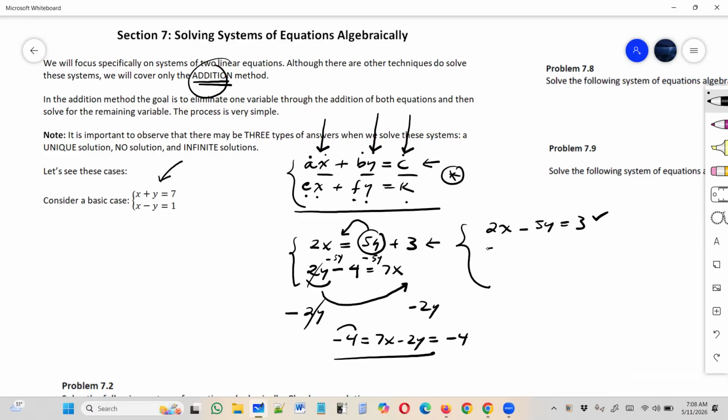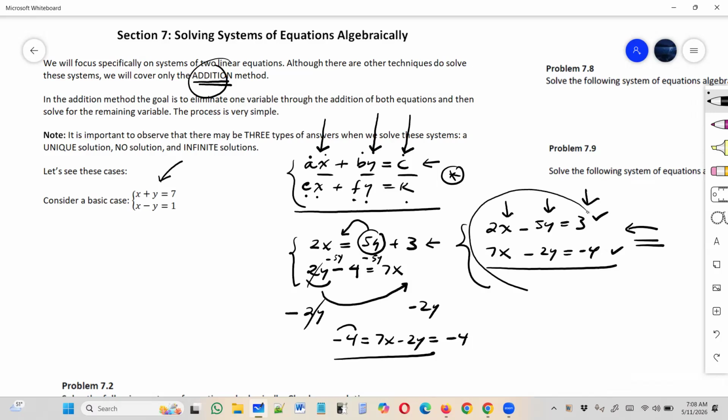And now my system becomes 7x minus 2y equals negative 4. Now, as you can see here, the x's are lined up, the y's and the numbers on the other side. So this is where we would like to begin to solve the problem. So if the system is not already in standard form or proper form, we'll put it into this form before we begin. Okay, so this is step one.